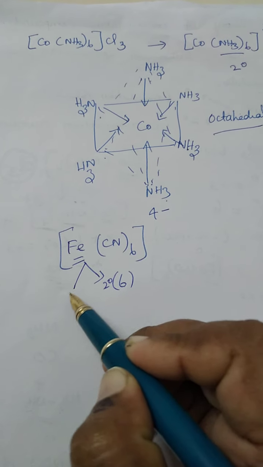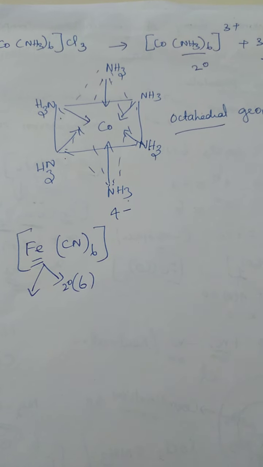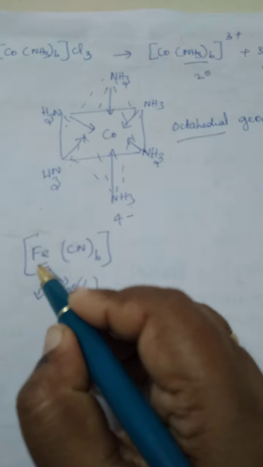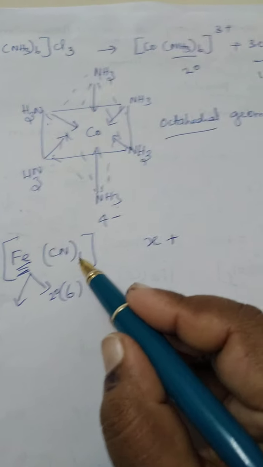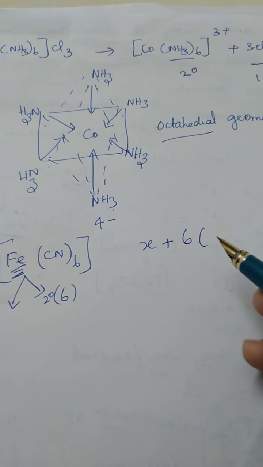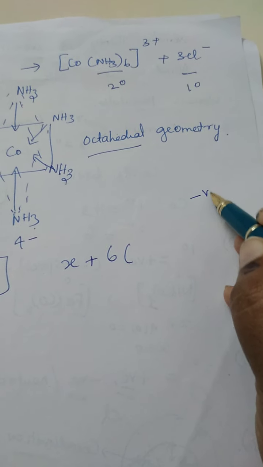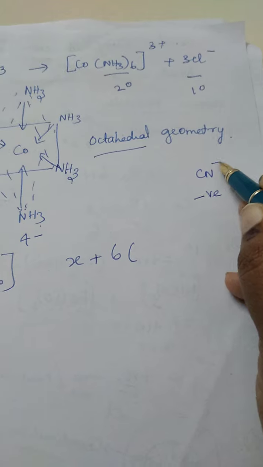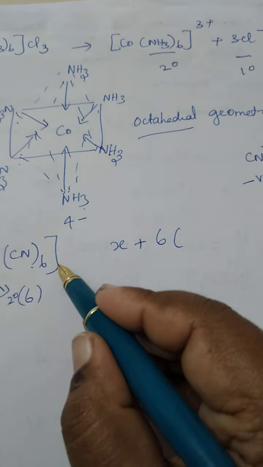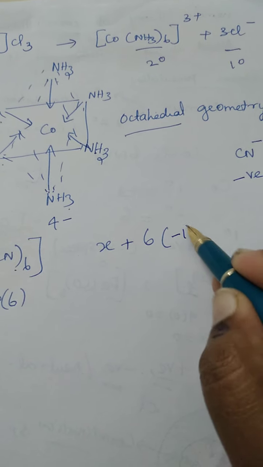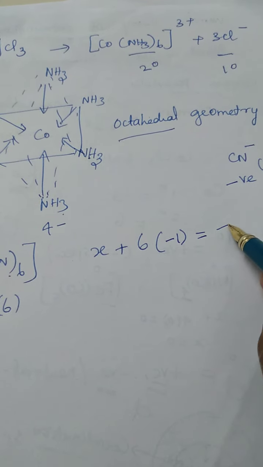But what would be the primary valency? The primary valency can be calculated by the ordinary method of calculation of oxidation number. So I am going to write this as X plus, how many cyanides are there? 6 cyanides. And cyanide is a negative ligand, its charge is negative, CN minus, so its value is minus 1. As there are 6 ligands, I am writing 6 into minus 1, equal to the sum of the charges, which is already given, minus 4.